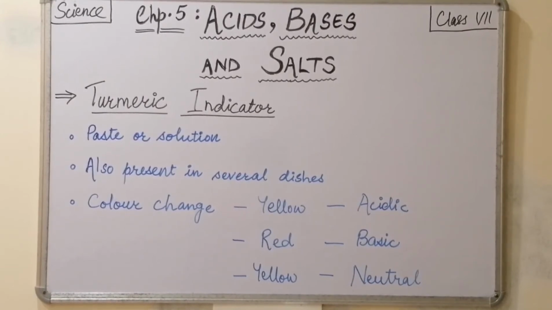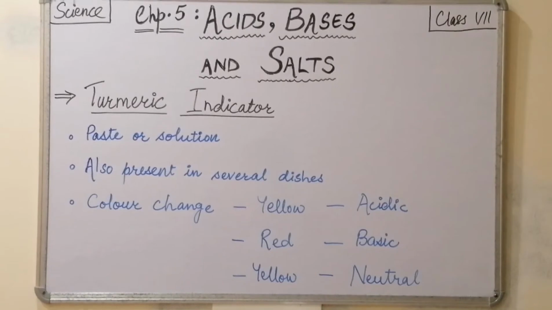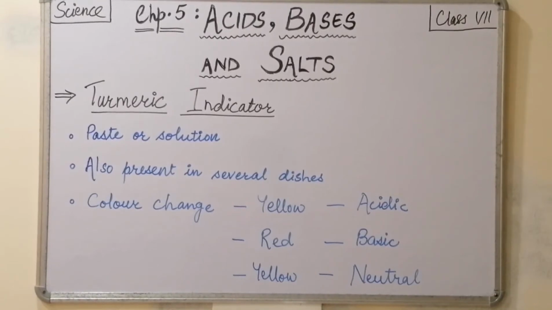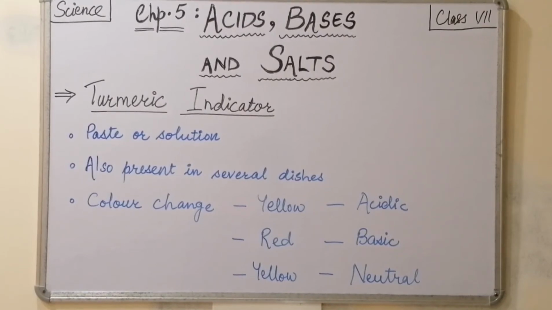This we can simply understand with a live example. As we have already seen, turmeric is present in many of the dishes. And when food particles with turmeric fall onto our clothes, we get a yellow colored stain.